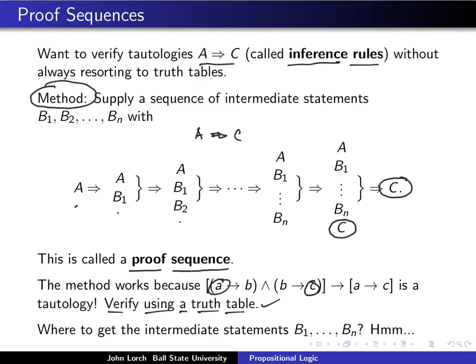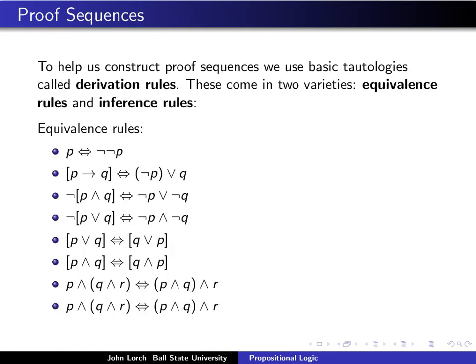Now, the next question, though, is, okay, well, where do we come up with these intermediate statements? So that's a problem that we need to solve to construct proof sequences. We're going to use some basic tautologies called derivation rules.